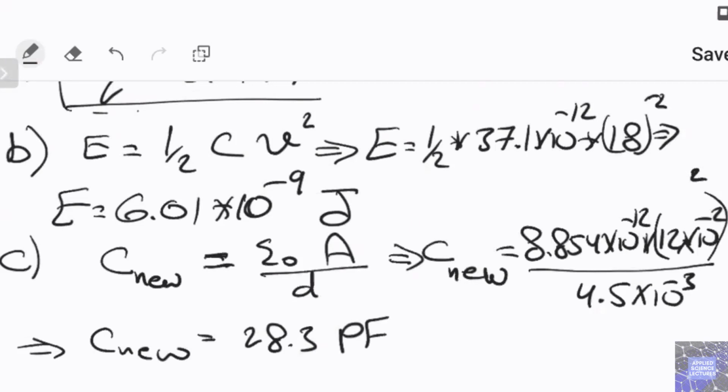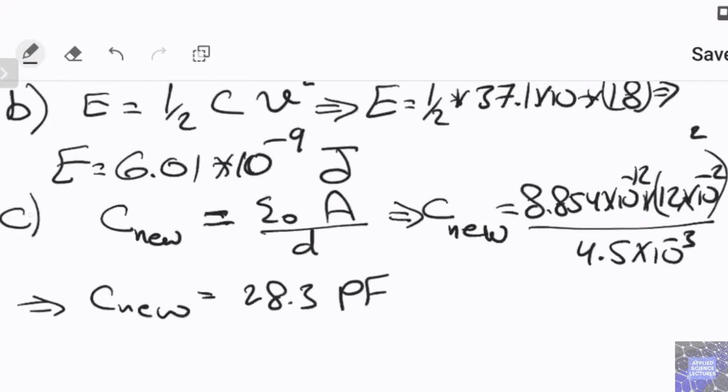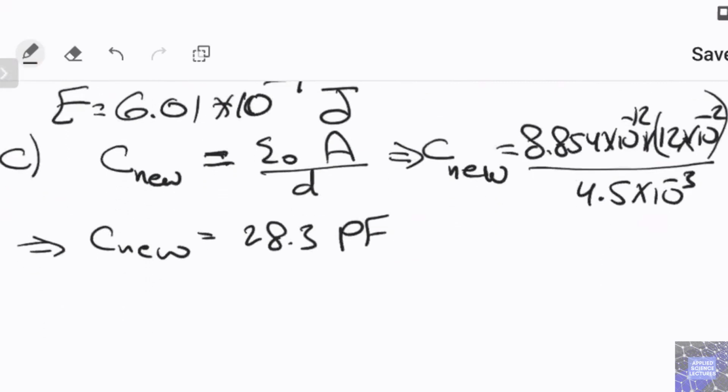It is expected to be smaller than the C equivalent because the dielectric constant now has been changed to air.